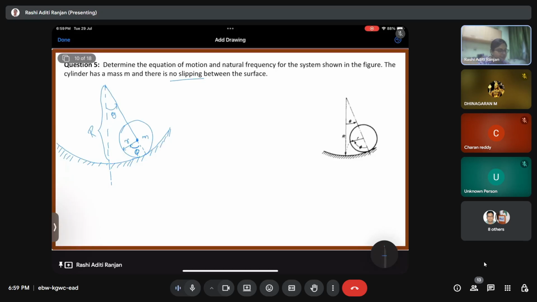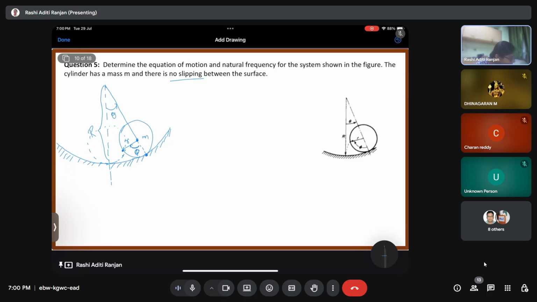So first things first, how is this thing actually happening? This was the tip, which was initially here, something like this. It then went to that place. So this point was somewhere here for this system.